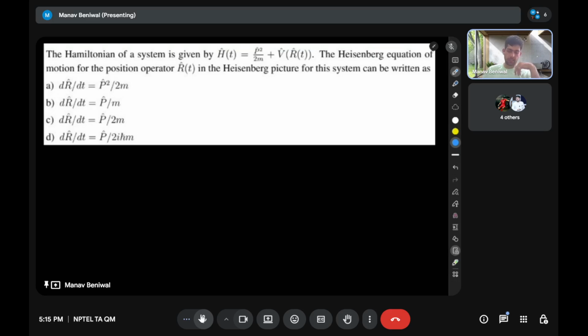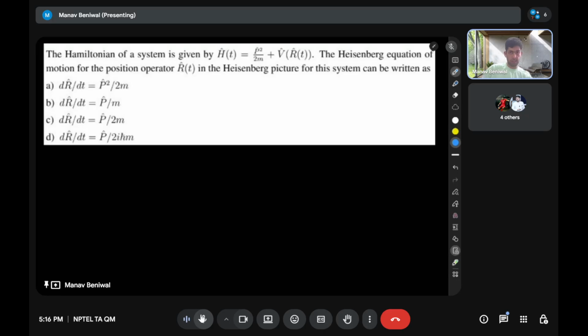We know p is mv. So here, if you look at option B, where we have dr by dt, classically I think option B is correct. So we have to now see if quantum mechanically also this relation is true.